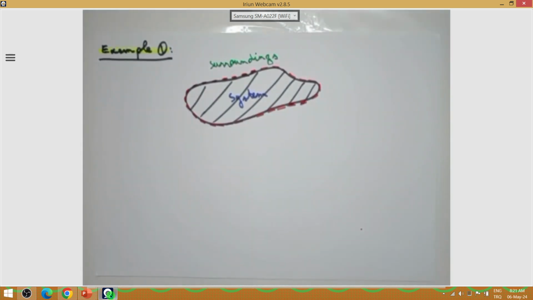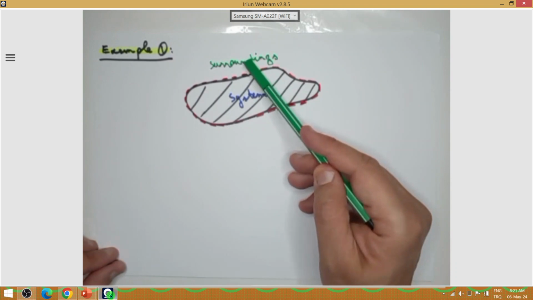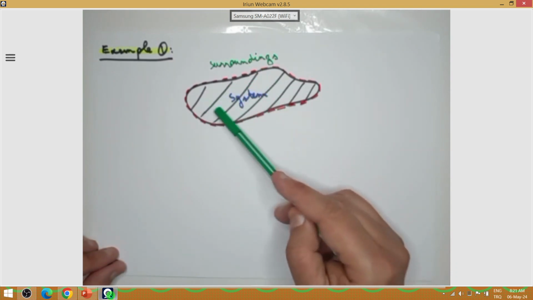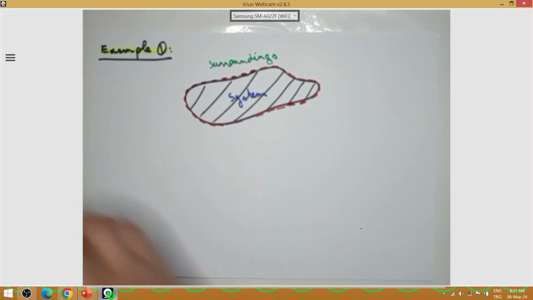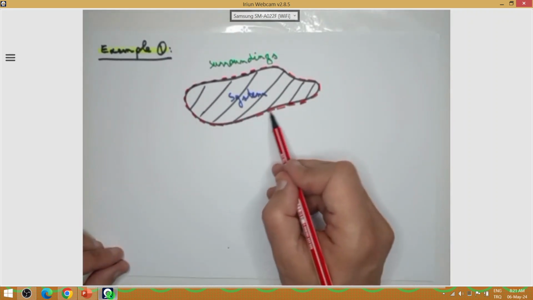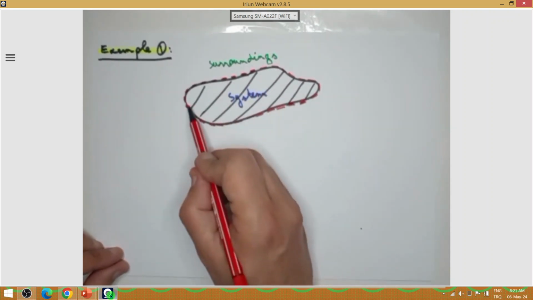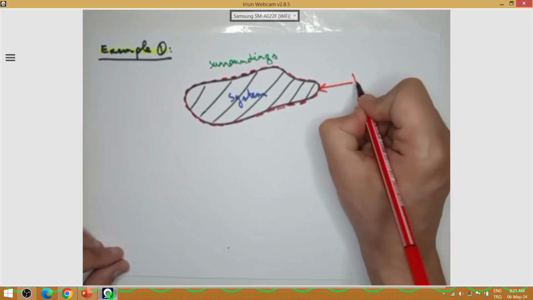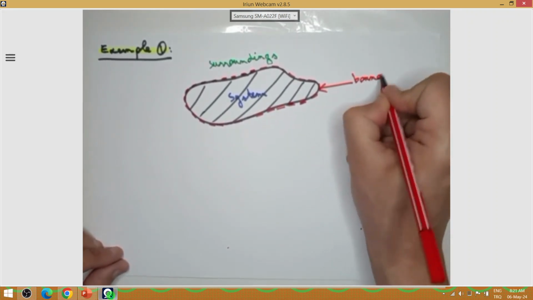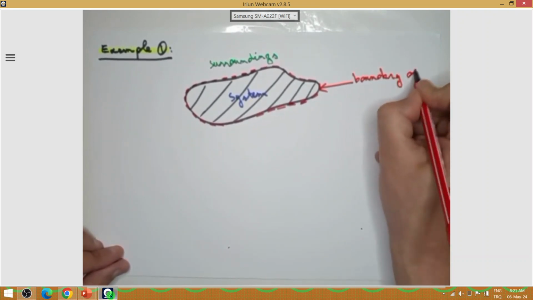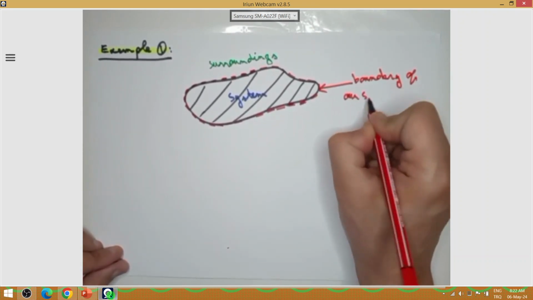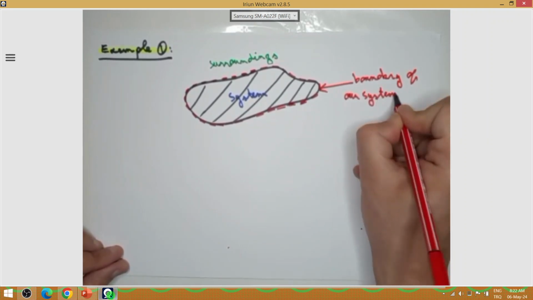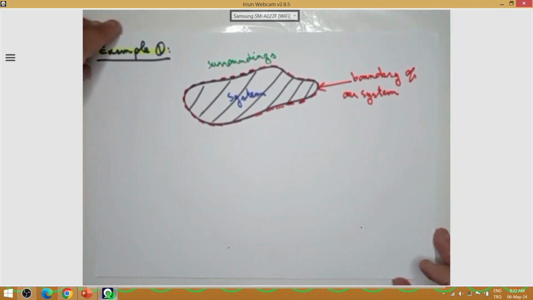Inside is the system, and here we have the boundary. The red dashed line, that is the boundary of our system. And as we have seen in the notes, the boundary has zero thickness.